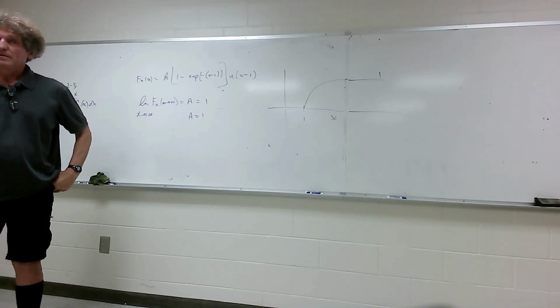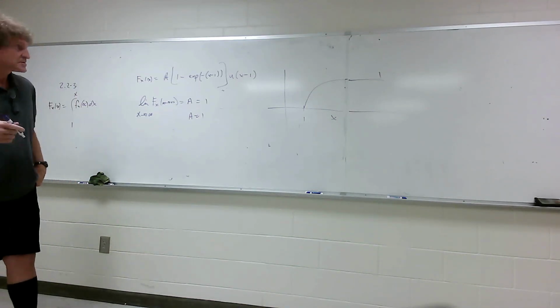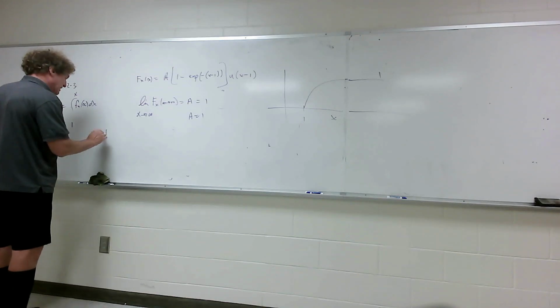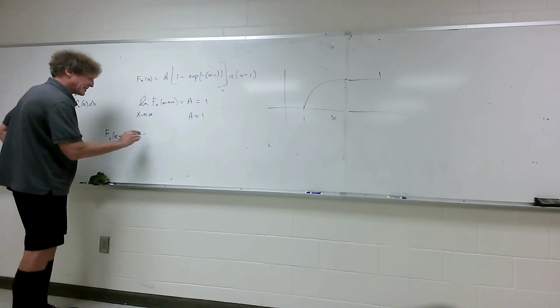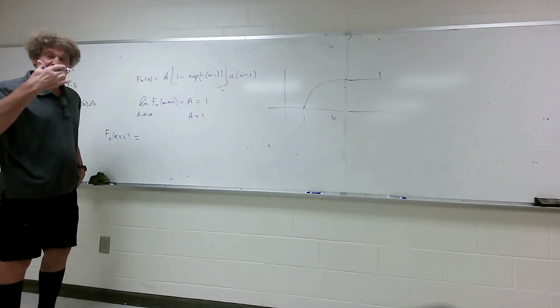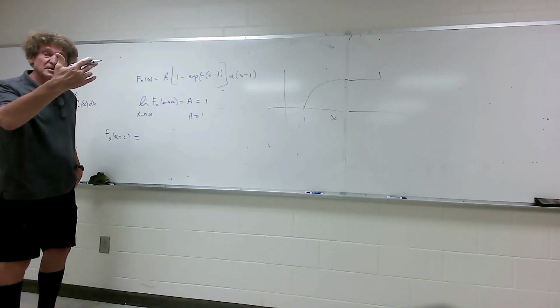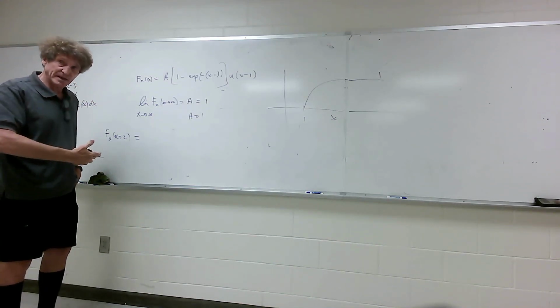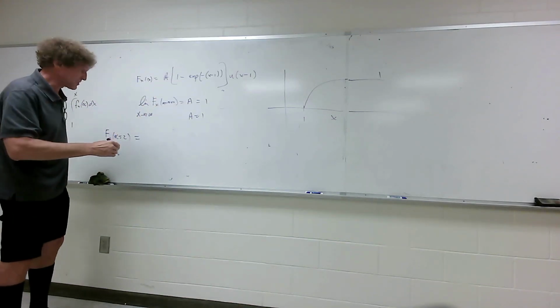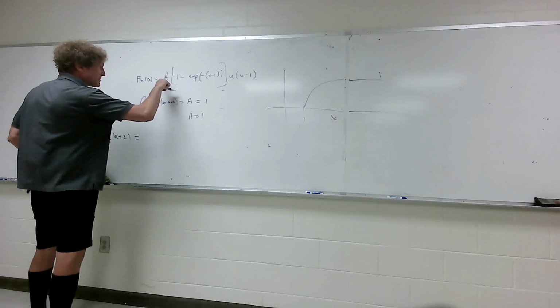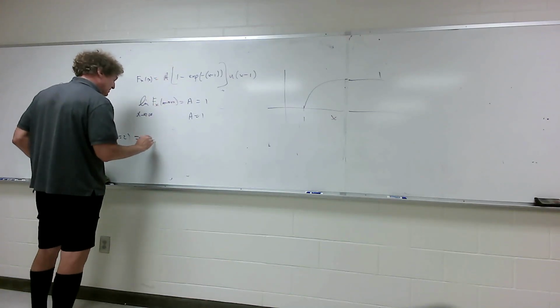F sub x of 2, capital F, the distribution function. Well, you just plug in 2 for that. What do you get? Now that is not 0, because this is a distribution function implying the integration of f of x from where it began, technically minus infinity, but in this case 1 to 2, right?